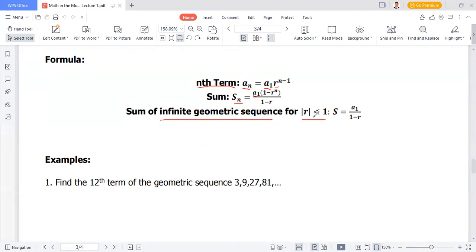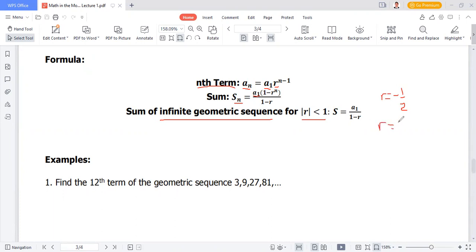Kapag r ay equal sa 2, hindi pwede yon. Kasi dapat ang absolute value ng r ay less than 1. How about r equals 1/2? Pwede bang magamit yung formula? Or r equals negative 1/2? So pag kinuha mo yung absolute value na to at less than sa 1, so pwede natin gamitin yung formula.